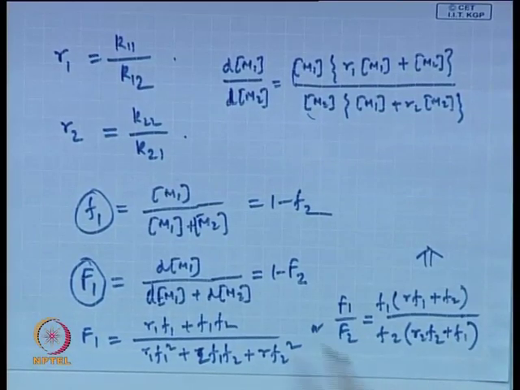Now, these values r1 and r2 are almost independent of the reaction medium or reaction conditions for radical polymerization, but the values of r1 and r2 could be quite different when you talk about different initiation systems, and we will talk about giving a specific example in a few minutes.